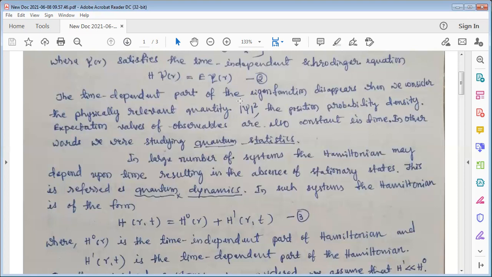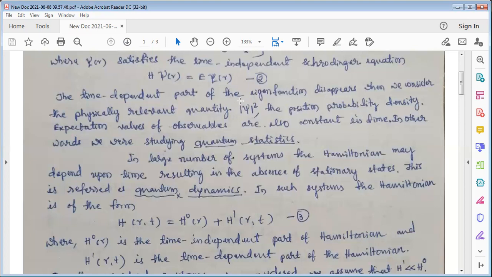And this is because of Heisenberg's uncertainty principle, as the principle states that you cannot simultaneously study the position and momentum, or the position and time of the system at a time.